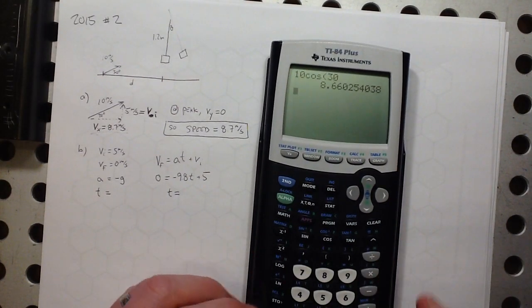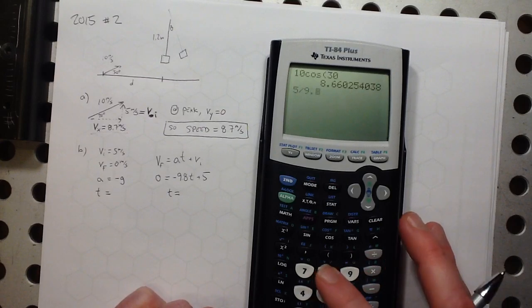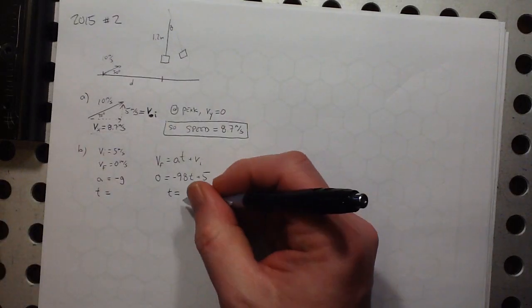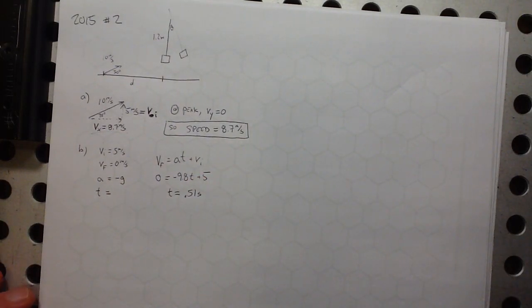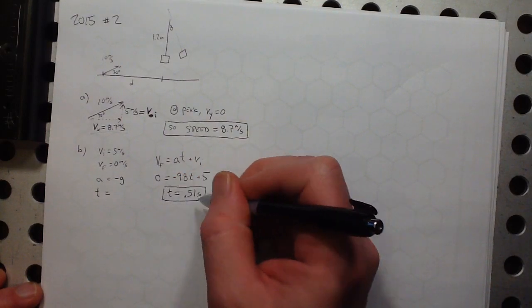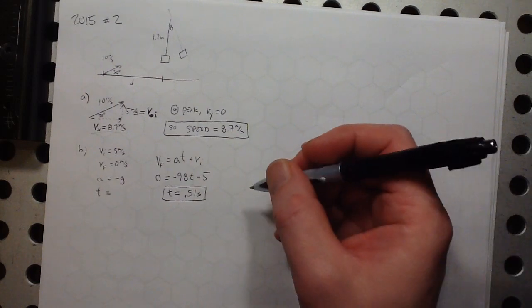I usually just use 9.8 because we're all calculator enabled. 5 divided by 9.8 is just over half a second, so 0.51 seconds. And if you look at the scoring guide, they have that you could have time equals 0.50 seconds if you used 10 meters per second squared as the acceleration of gravity, which you are allowed to do. Oh, but that's not the answer. Sorry, I probably shouldn't have boxed that.